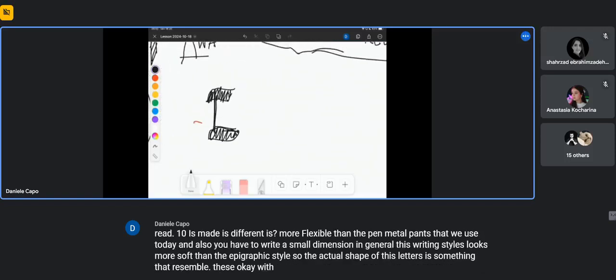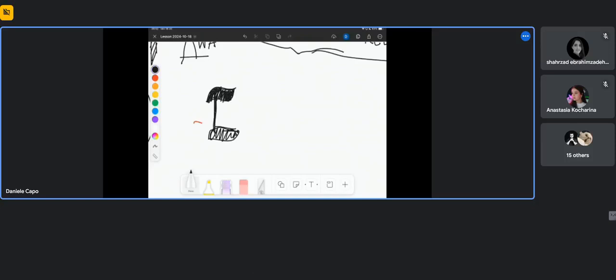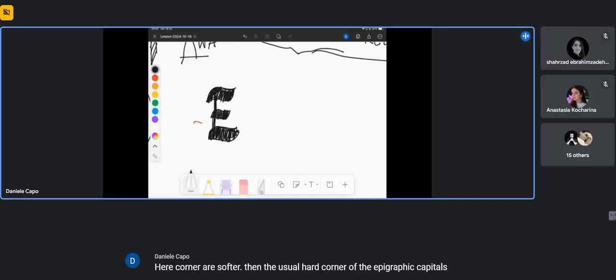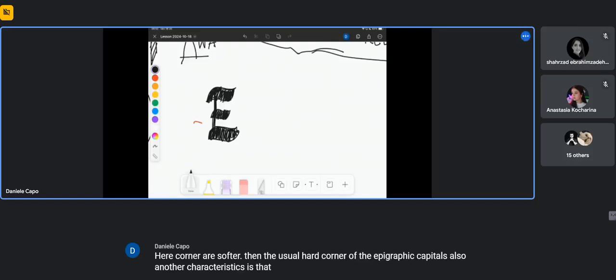Here, corners are softer than the usual hard corners of the epigraphic capitals. Also, another characteristic is that this writing looks quite compressed.